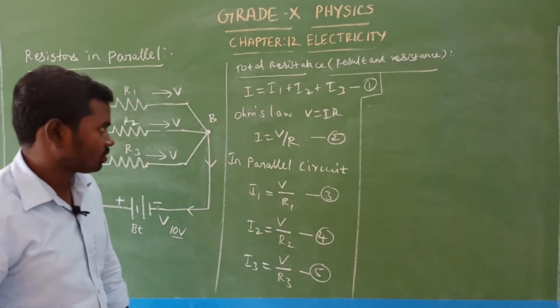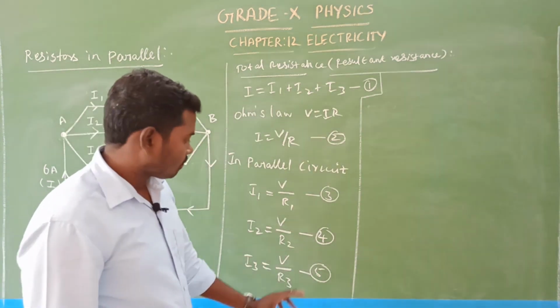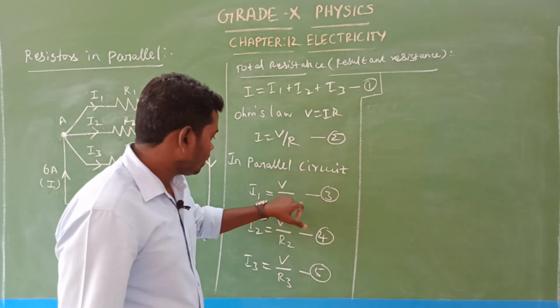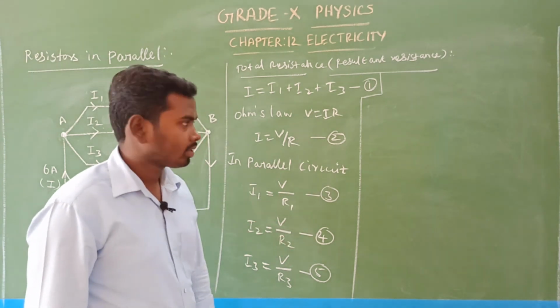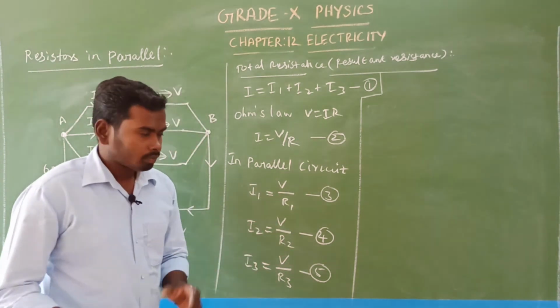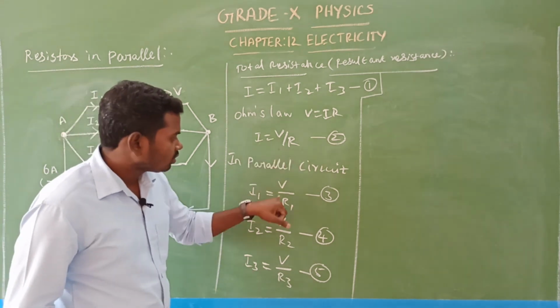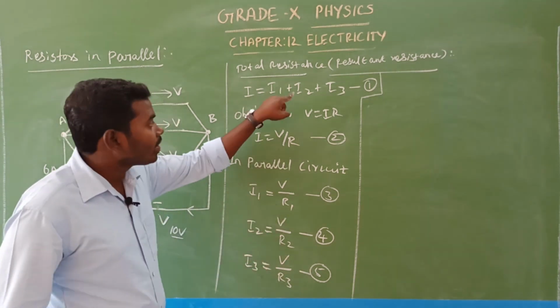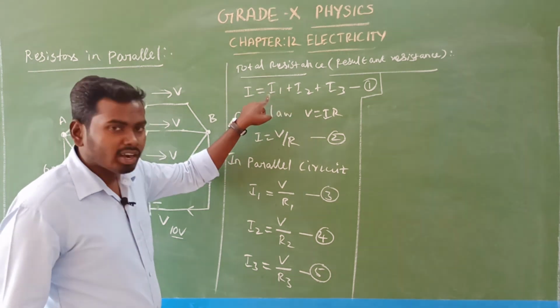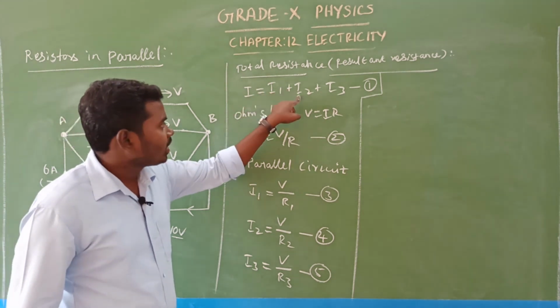Okay, students. So we have 5 equations: equation 1, 2, 3, 4, 5. Am I right? Look at here. Substitute equations 2, 3, 4, 5 in equation 1. What is equation 1? I is equal to I1 plus I2 plus I3.